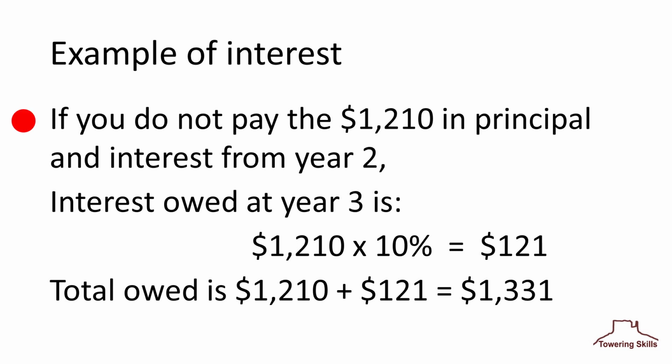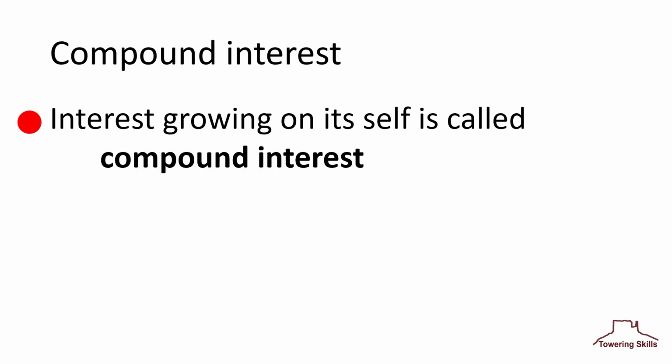In a similar way, if you continue to forego repaying the loan for another year, you owe $1,210 times 10%, which equals $121 in interest. And adding this to the principal of $1,210, you get a total of $1,331. This phenomenon of interest growing on itself is called compound interest.